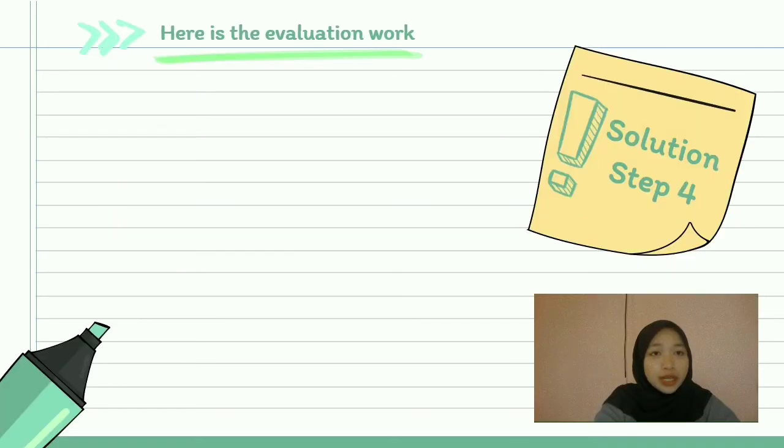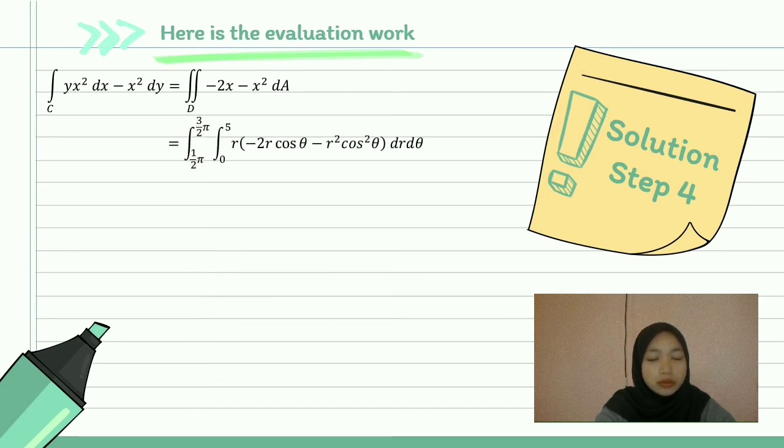That's all. So hi, my name is Nosha Sofia binti Muhammad Zuiden. I will present the last step, which is step 4. For this step, after first converting to polar coordinates, we need to evaluate this double integral, using the result from step 2 with Green's theorem: the integral of yx squared dx minus x squared dy equals the double integral of negative 2x minus x squared dA.